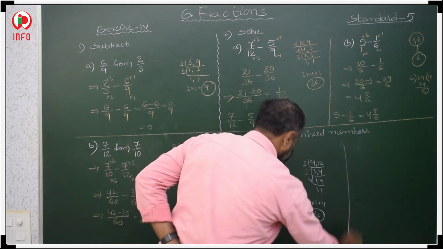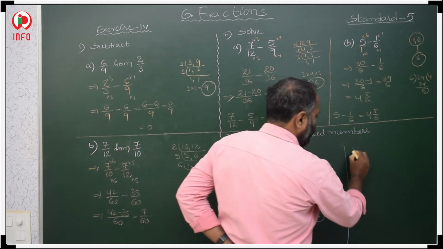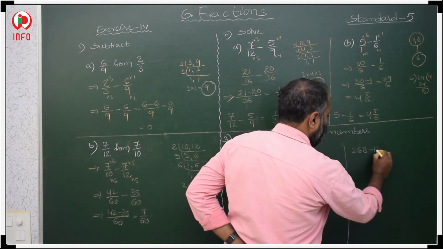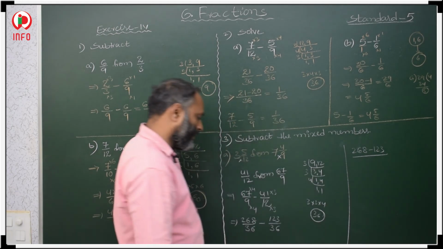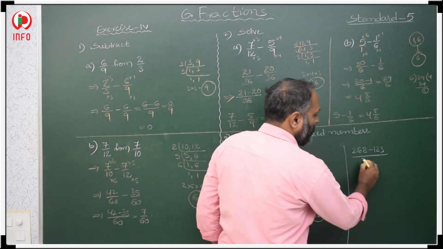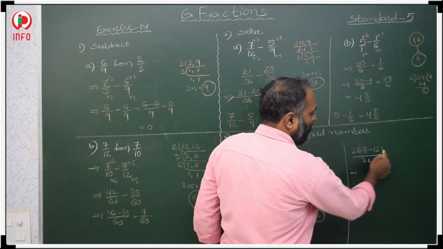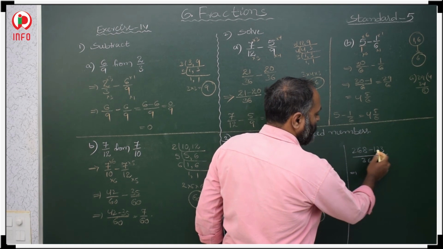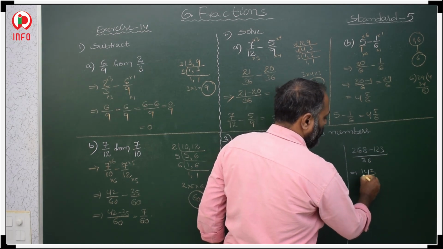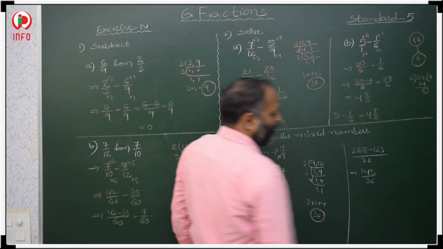Then after that, numerator minus: 268 minus 123 by common denominator. 8 minus 3 is 5, 6 minus 2 is 4, and 1, so 145 by 36.